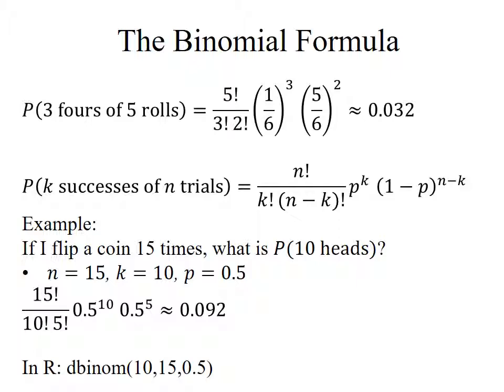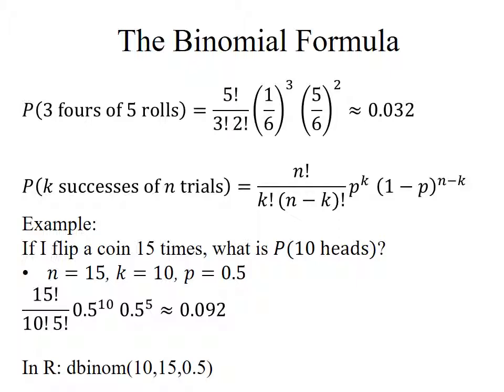And so we can generalize this. If I have a much bigger problem, I can't calculate all the individual pieces and figure out the orders, I can apply the binomial formula. The probability of getting k successes out of a total of n trials is n factorial over k factorial, n minus k factorial. I then multiply it by p to the k. p is the probability that each individual trial is a success.